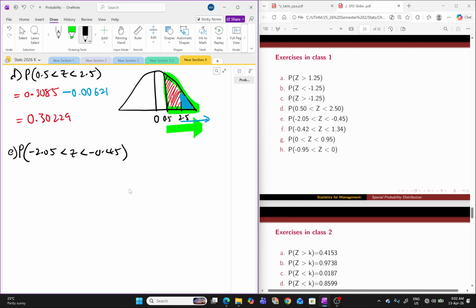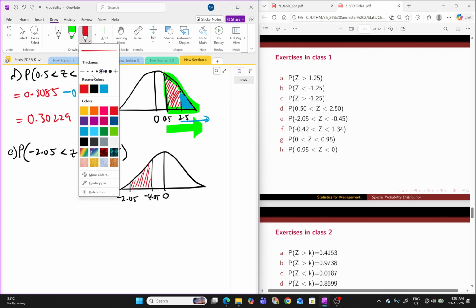So if I want to shade this, this is the shaded part on the negative side. If it is the negative side, what do you have to do? Switch to positive.